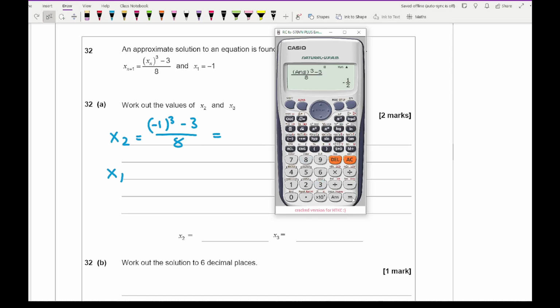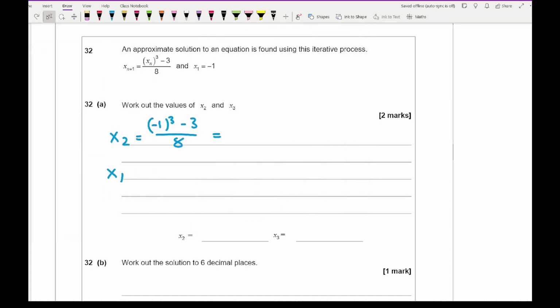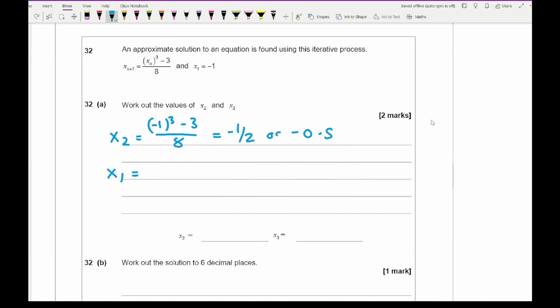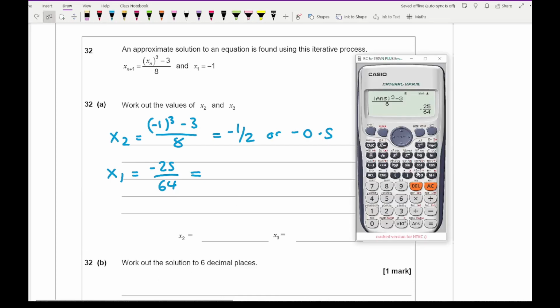If I press equals, my first answer for x2 is minus a half, or minus 0.5. Then the next time I press equals, it gives me 25 over 64, which as a decimal is that long number there.